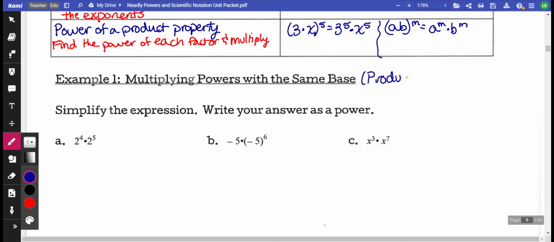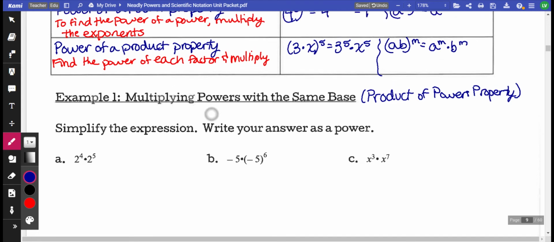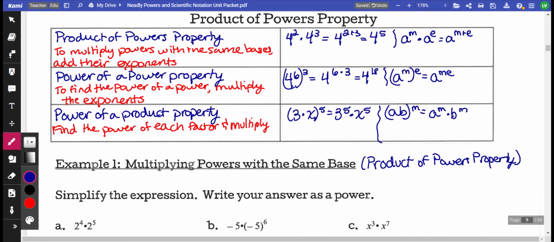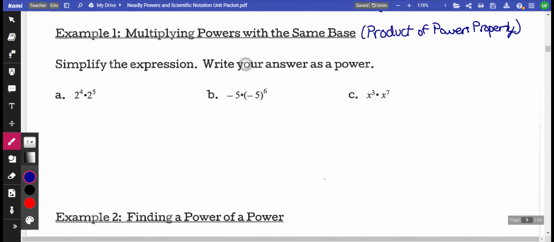Product of powers property. When you have the product of powers property, if I go back up, it says to multiply powers with the same bases, add their exponents.